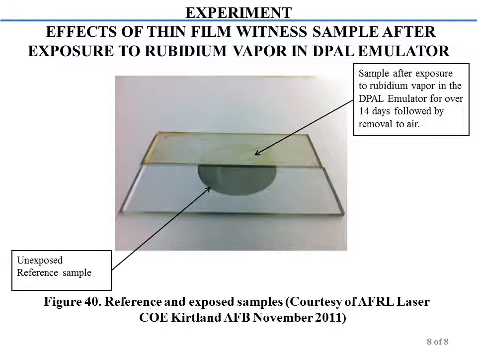In the next slide, we'll see the effects on the thin film witness sample after exposure to the rubidium vapor in the DPAL emulator. And as you can see, the top right is the sample after exposure to rubidium vapor in the DPAL emulator, and then on the bottom left, the unexposed or the reference sample.